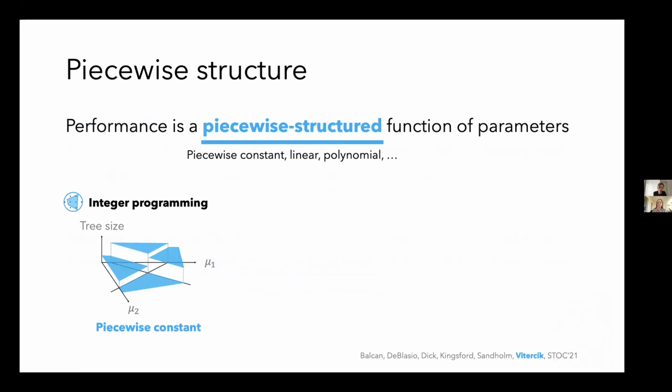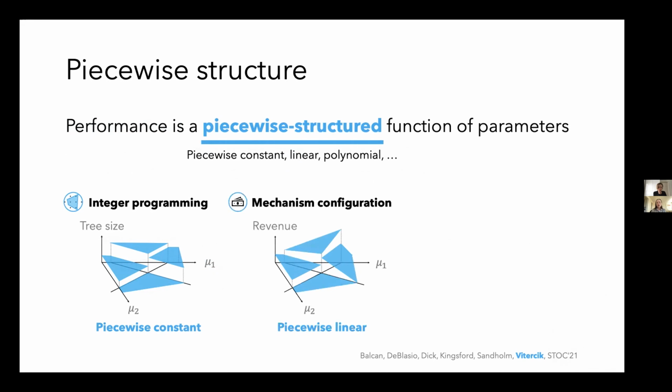We've already seen this structure in the context of integer programming. We saw that tree size was a piecewise constant function of these parameters. It turns out we see other piecewise structures in other contexts. In the context of economic mechanism configuration, we've seen that revenue is a piecewise linear function of the mechanism's tunable parameters. And in other configuration problems, we discovered other types of piecewise structure.